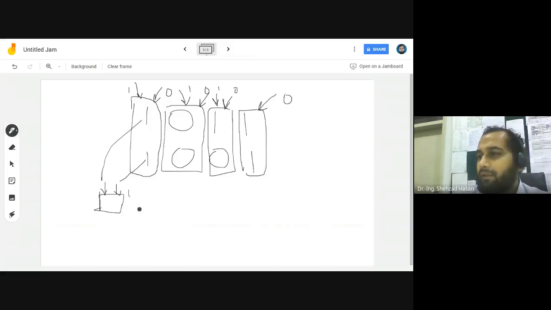Okay, so we have a 1 over here, and then the second one is also getting 1 1, but with a 0 over here. So I've just tried to draw this thing out.